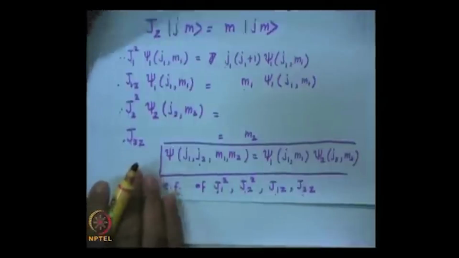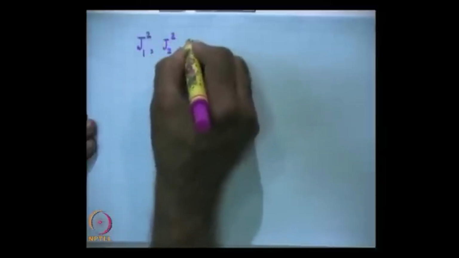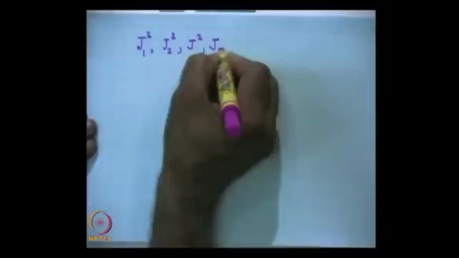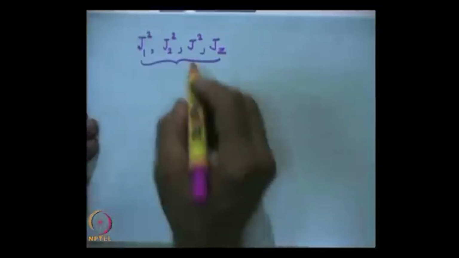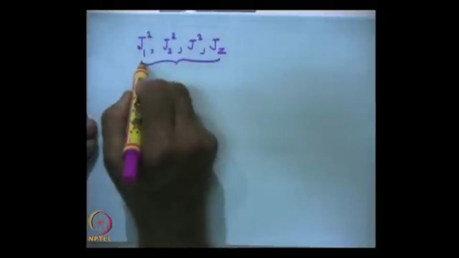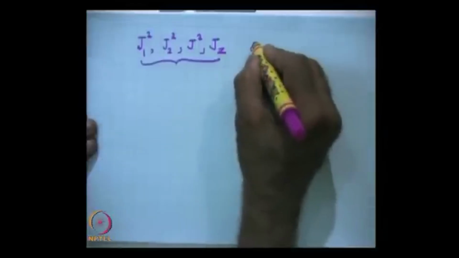Now, similarly, I leave it as an exercise for you to show. It is really simple, maybe I will show it slightly later, that the operators J1 square, J2 square, J square and Jz, they also commute with each other. And therefore, one can form simultaneous eigenkets, which we will denote by phi function.